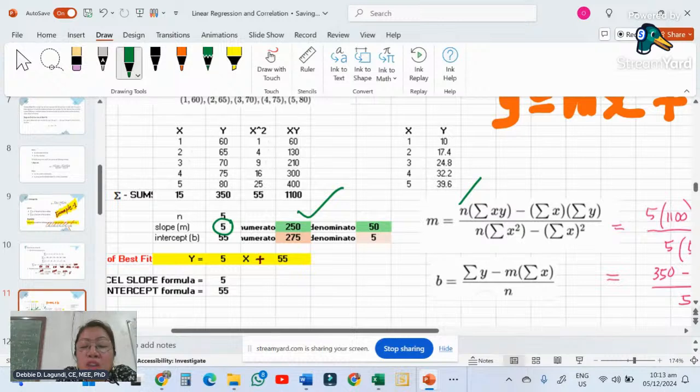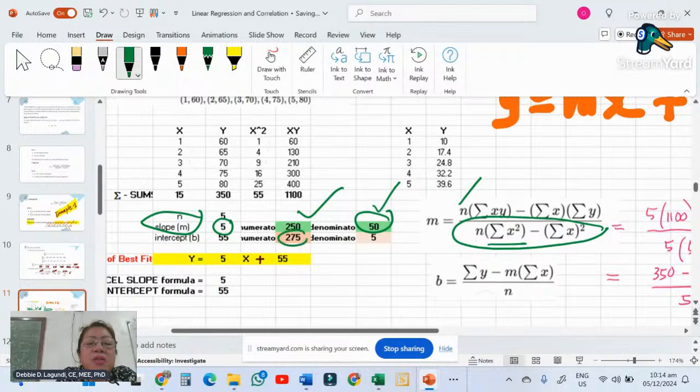The denominator will be n times the summation of x squared minus the summation of x, everything squared. Oh, sorry, I pointed at a different one. You get 50, I mean, because that is about the slope. And then for the denominator, you have 275. That is this quantity here.